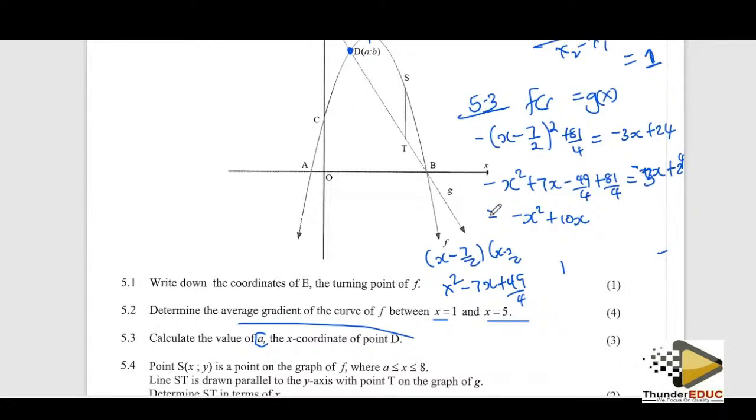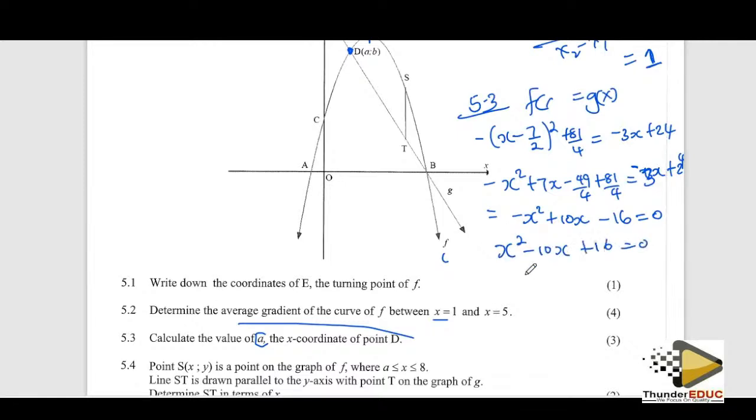That's a negative 16, is equal to 0. So when I divide through by the negative, that's where the game changer is. So that's going to be x squared minus 10x plus 16 is equal to 0.